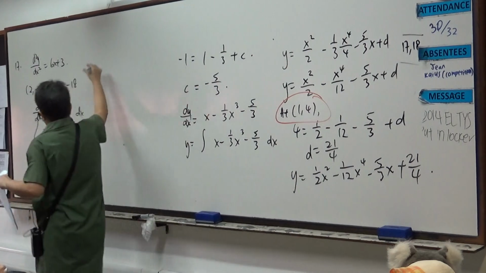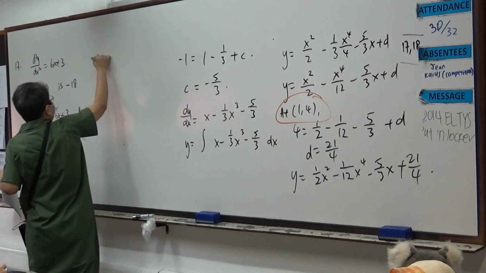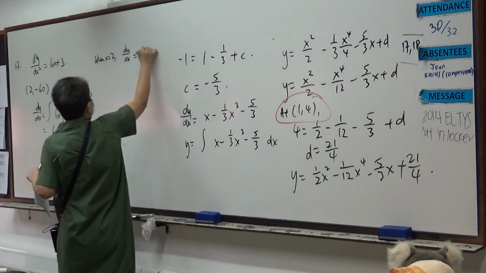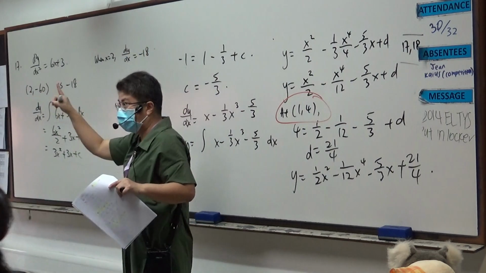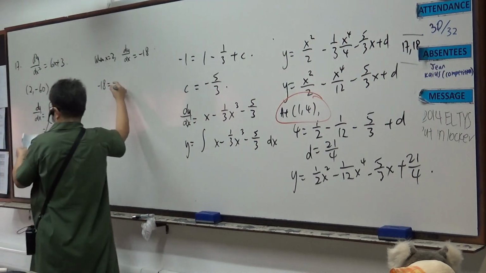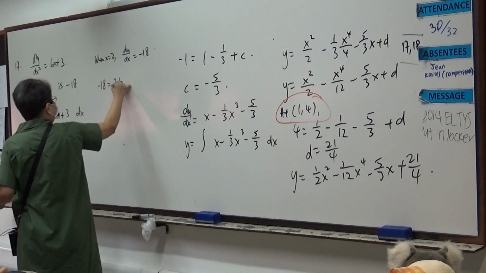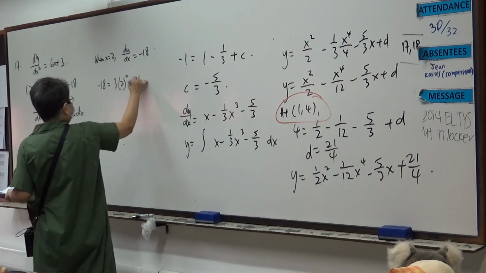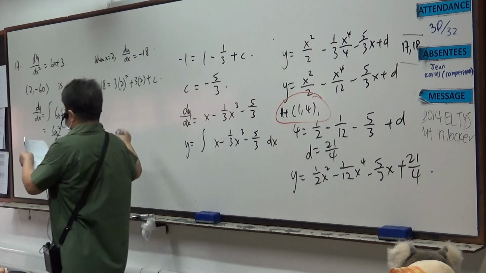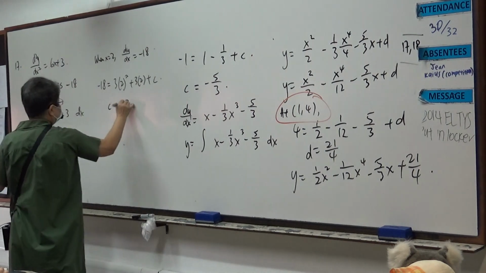Now, you realize that when x is 2, dy/dx is negative 18. The question says one, I thought I said one. Okay? So, negative 18 will be 3 into 2 squared plus 3 times 2 plus c, right? Alright. So, you will get your c as negative 36.